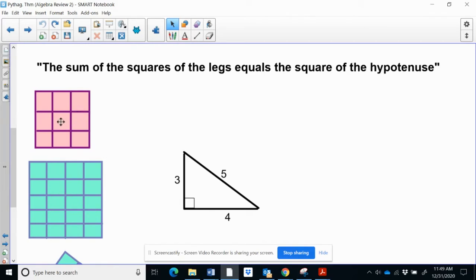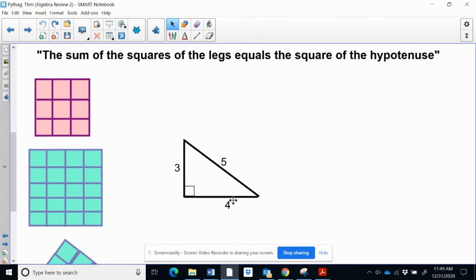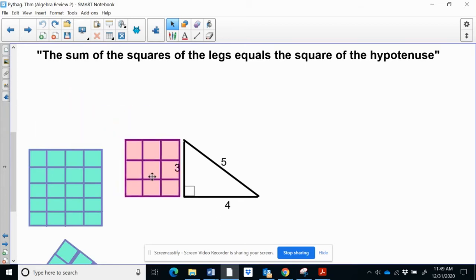All right, so what does it mean to square the legs of a right triangle? What I have drawn here is a right triangle that is a standard, very common, one of the most basic right triangles. People just usually remember 3, 4, 5 are the sides of a right triangle. So to square a side means that I take its length, which is 3, and I square it.